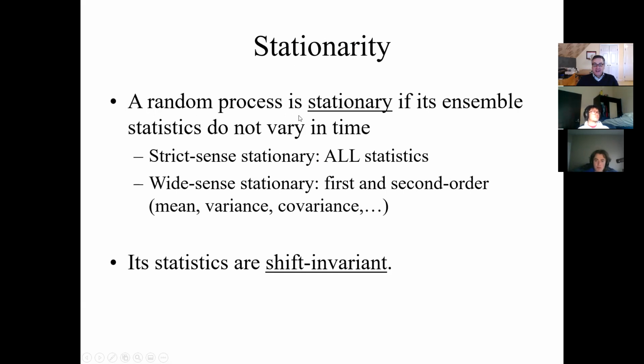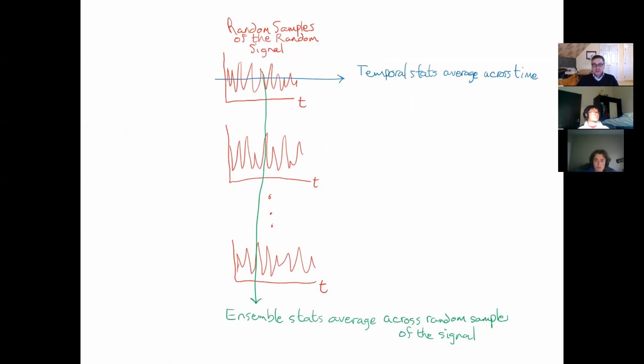So that is to say, for example, that the ensemble statistics, if we averaged them and had enough random samples to get an average that we could be confident with, the signal that we get should be constant in time. So an ensemble mean should converge to a constant. The ensemble variance should converge to a constant value, right? Which is to say that at every time point, the mean is the same and the variance is the same, or more generally, at every time point, the random properties are the same.